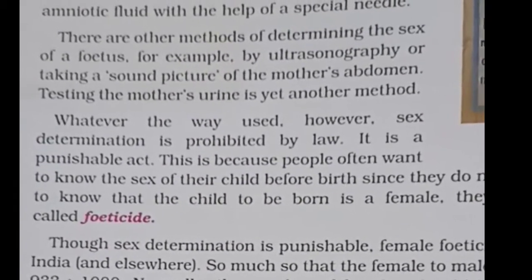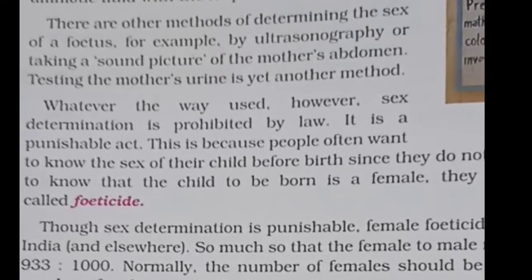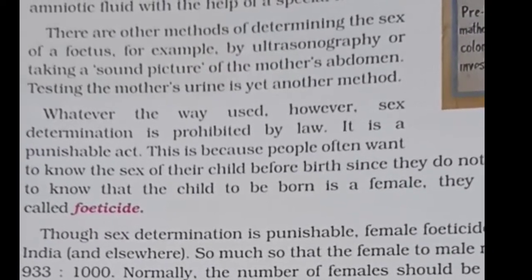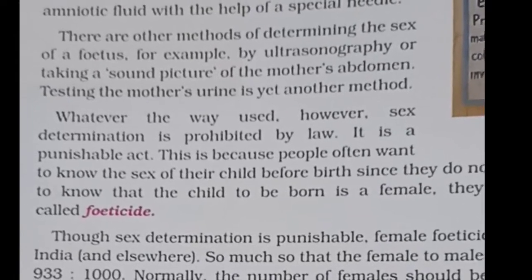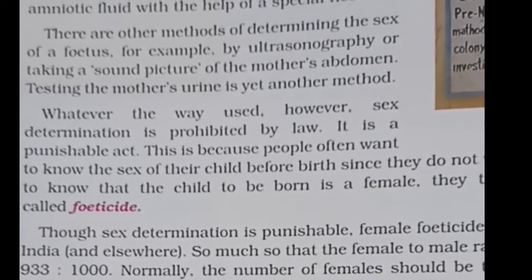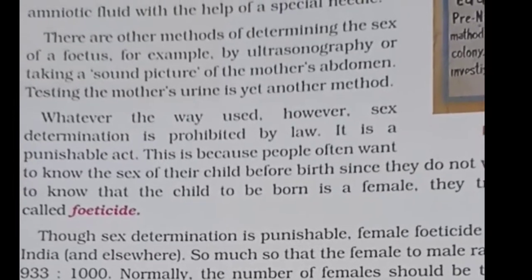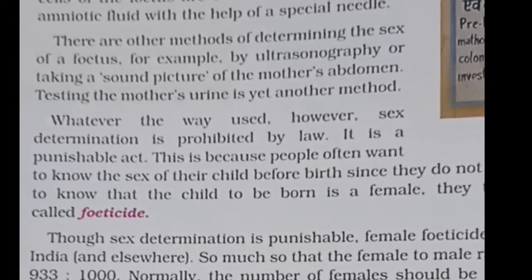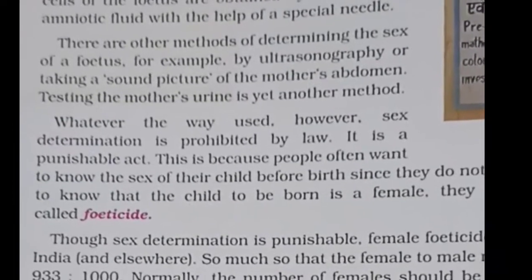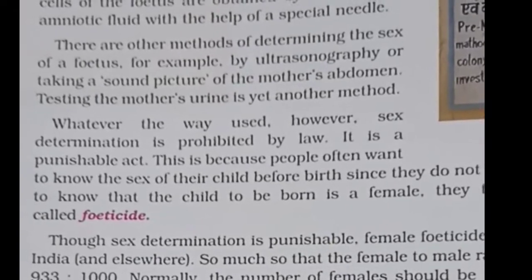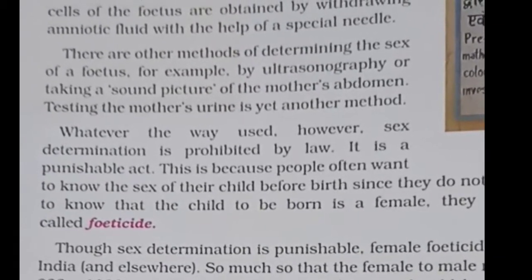There are various ways to find the sex of a child, but it has been prohibited by law. It is a punishable act because often people want to know the sex of the child because they don't want a girl child. So when they come to know by different methods that the fetus growing in the mother's womb is a girl child, then they kill them, they do abortion.